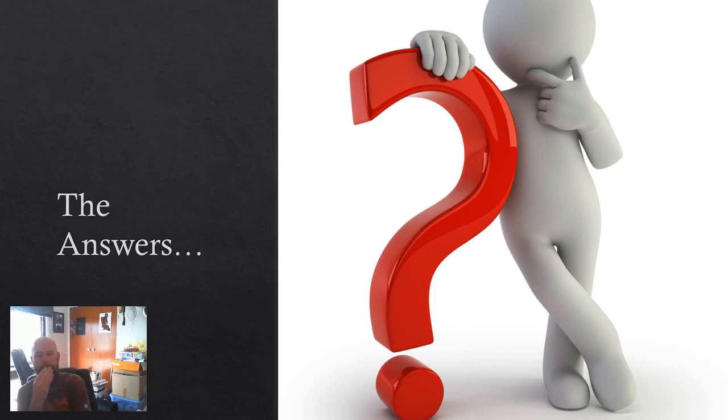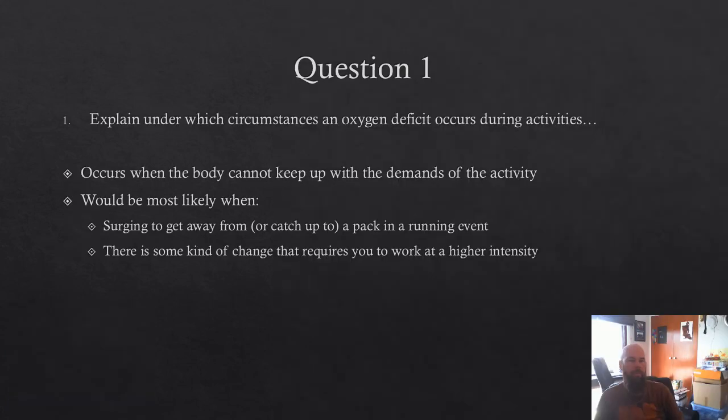Okay, so hopefully you've done the questions. Let's go have a look at the answers. Explain under which circumstances an oxygen deficit occurs during activities. What you should have probably said would be something along the lines of when the body can't keep up with the demands of the activity.